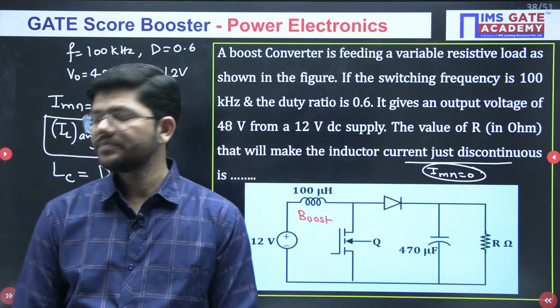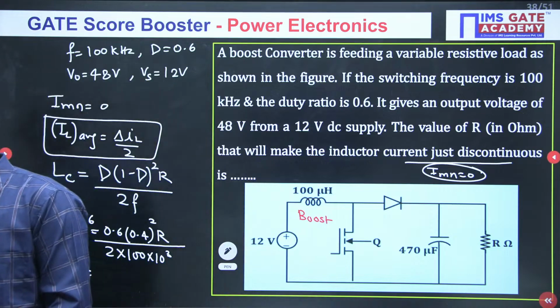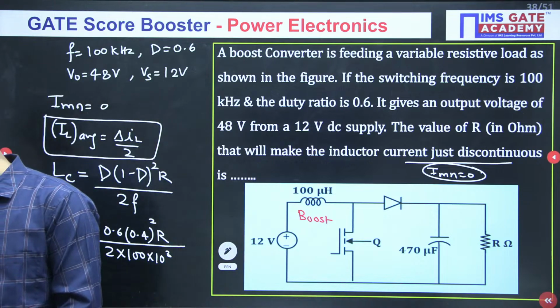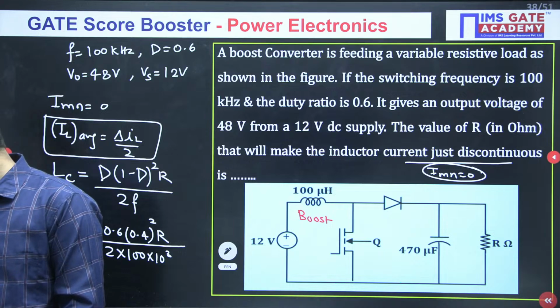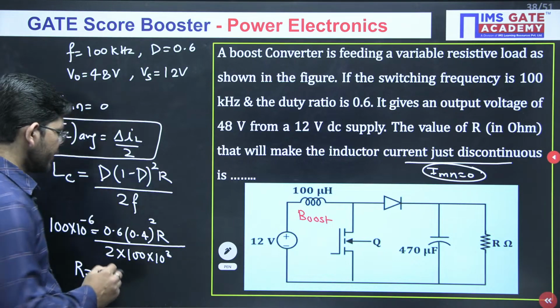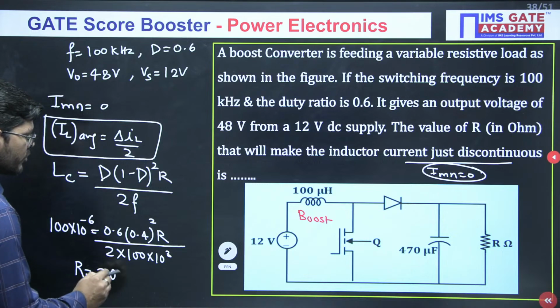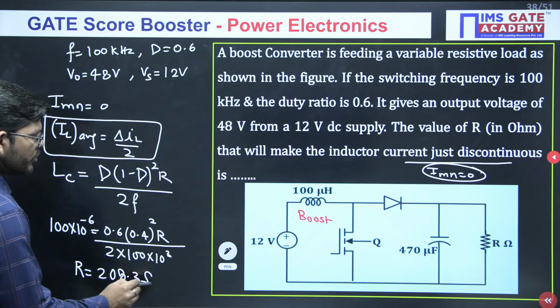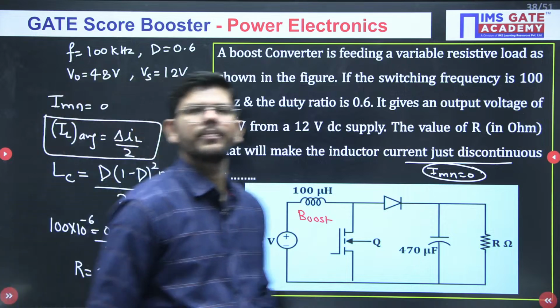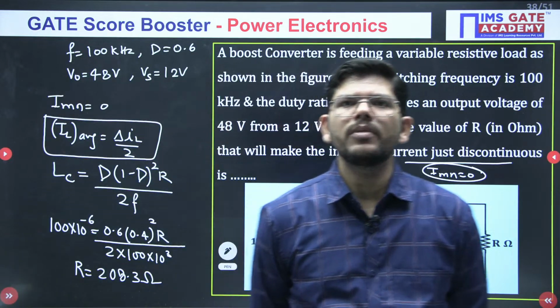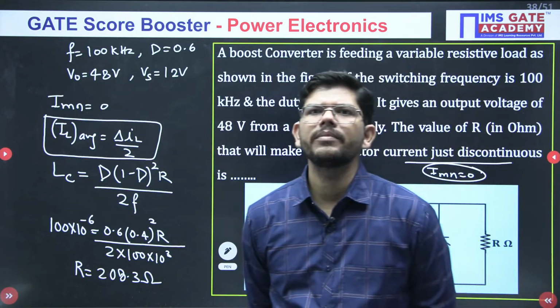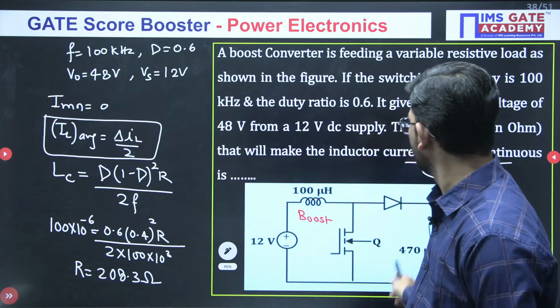When you solve it for R, what answer are you getting? 208.3. When you solve it for R, you will get 208.3 ohm as the answer.